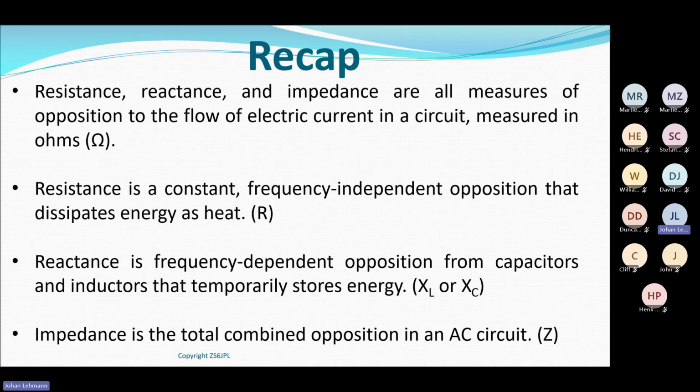Impedance is a combination of resistance and reactance. If I take the resistance component of my circuit and the reactance component and add them together, I get impedance. That's why they say impedance is the total combined opposition in an AC circuit.